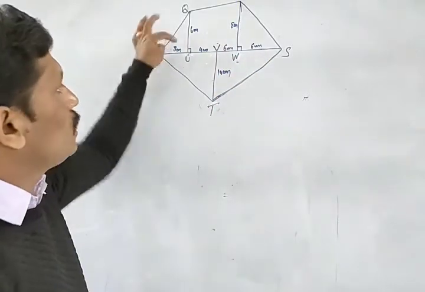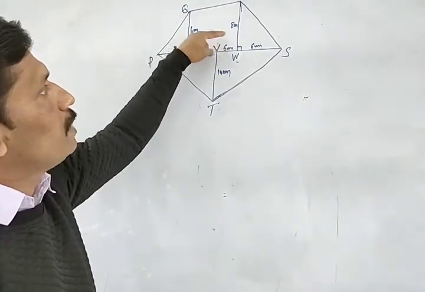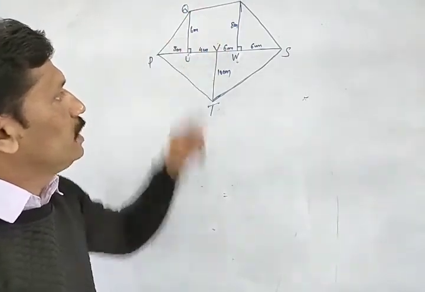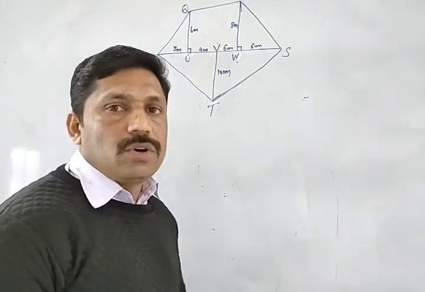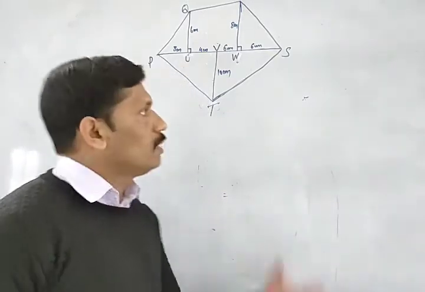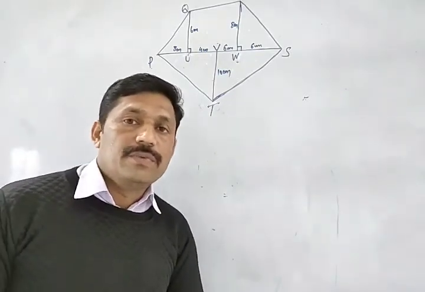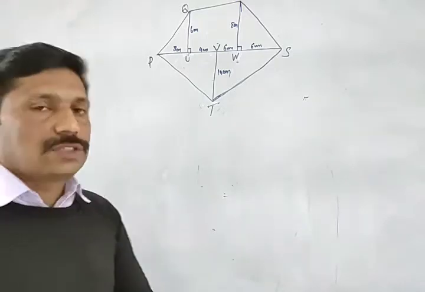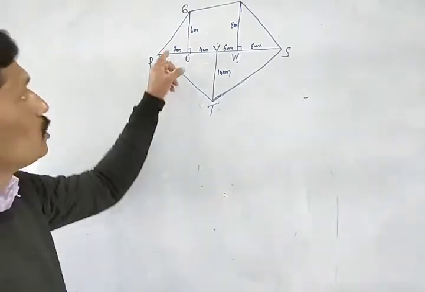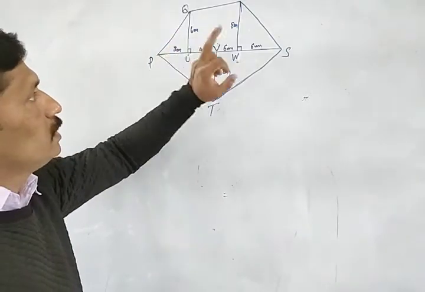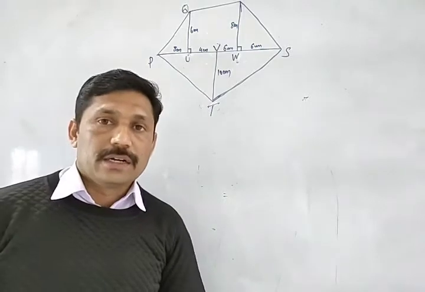And the perpendiculars are given, that is QU is 6 cm, RW is 8 cm and TV is 10 cm. That is given directly in the question. So according to the question, we have drawn the figure, and now we can find out the area of this total figure. This composite figure consists of a triangle, a trapezium, another triangle, and two more triangles.